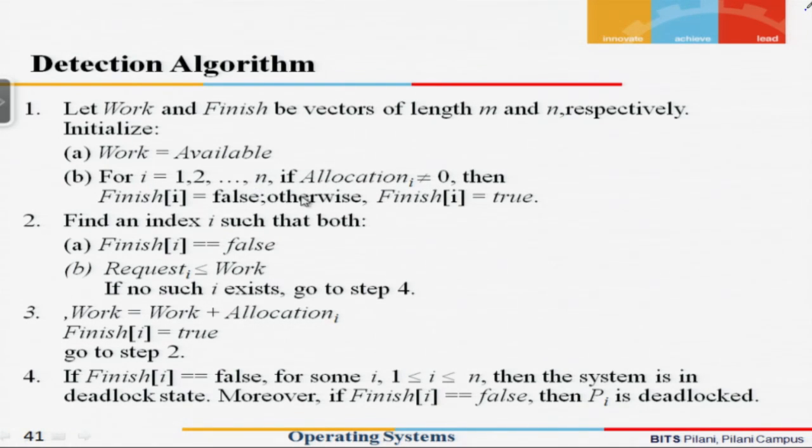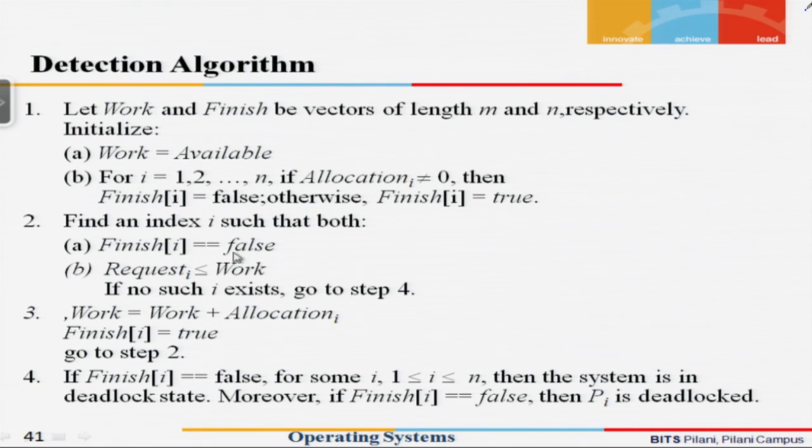We should understand why we are doing it, because if a particular process has not been allocated any resource, then this process cannot be a part of a deadlock. So in this case, if allocation[i] is equal to 0, then we say finish[i] equals to true, because it cannot be a part of this thing. So we initialize it to false only for selected processes. This is how my initialization would take place.